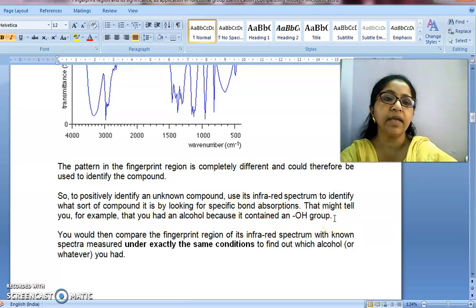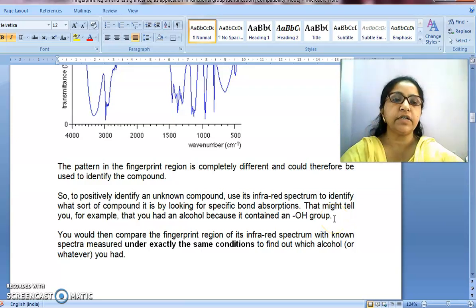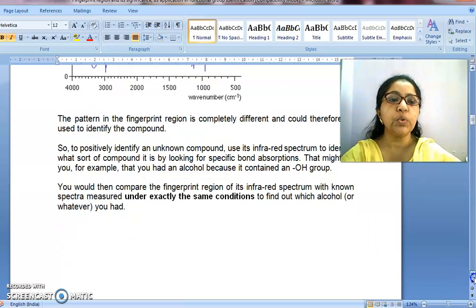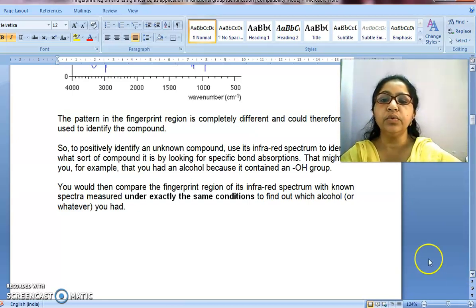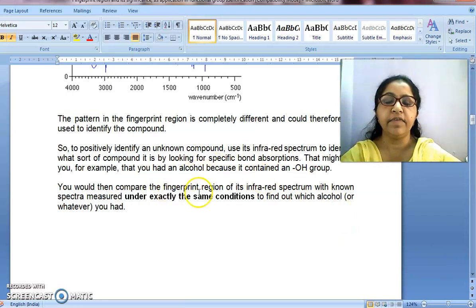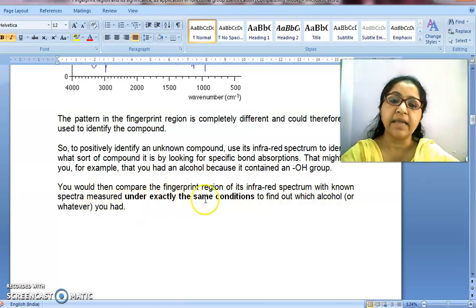So mainly we can concentrate on the IR spectrum to identify the functional group, and with reference to some known spectrum, we can compare and get some idea about the rest of the molecule. You would compare the fingerprint region of its infrared spectrum with known spectra measured under exactly the same condition.